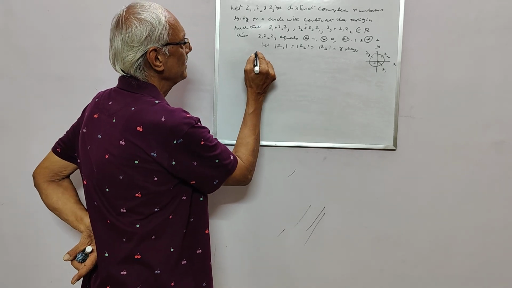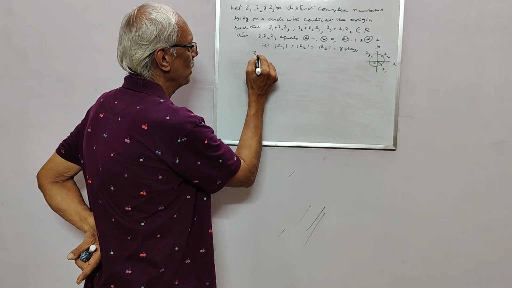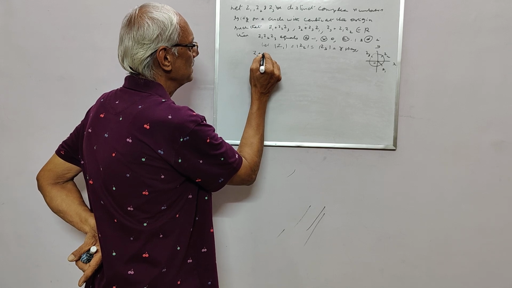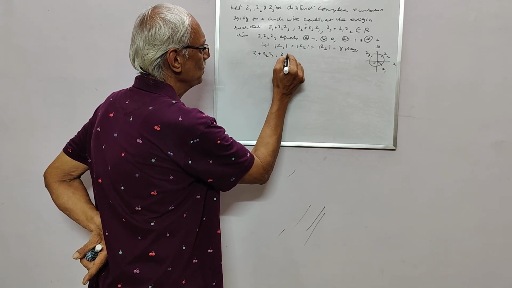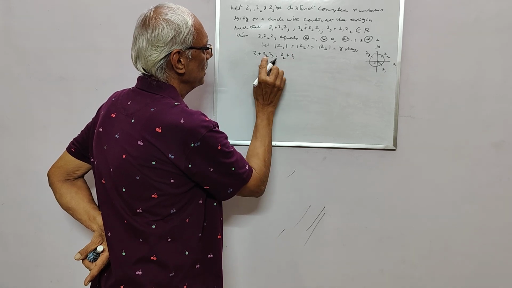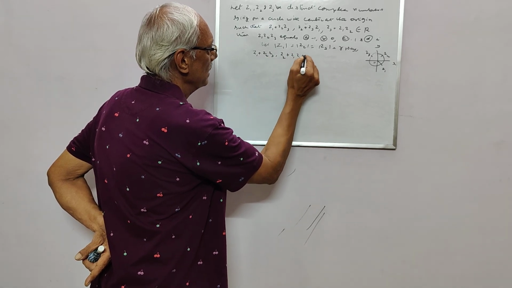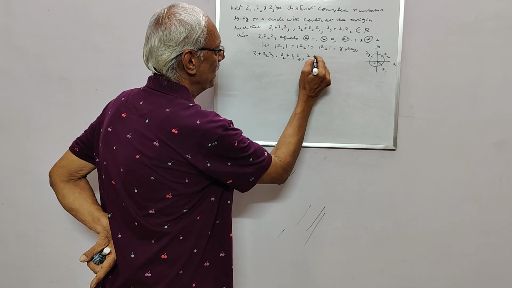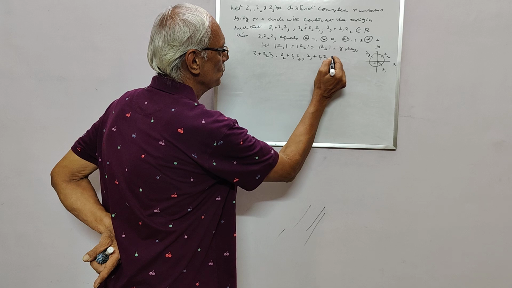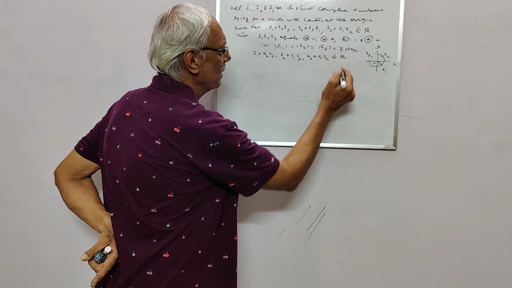Then it is given that z1 plus z2 z3, z2 plus z1 z3, and z3 plus z1 z2 all belong to the set of real numbers.